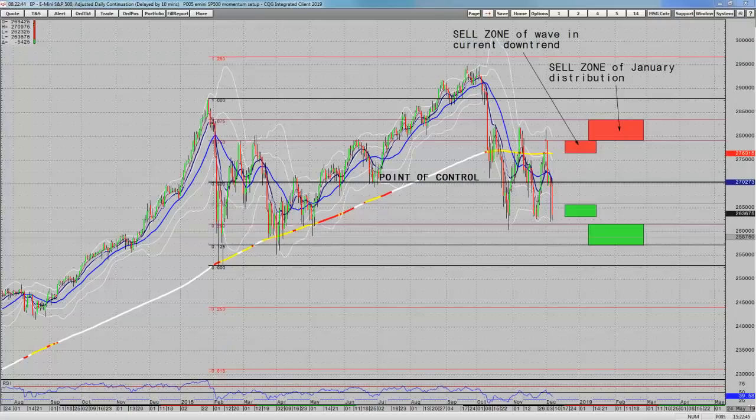So if we now switch to the S&P chart, this is a daily chart. So this was the big sell-off in January. Now, all of the price action that's happened subsequently, I'm saying is related to this initial pullback in January.